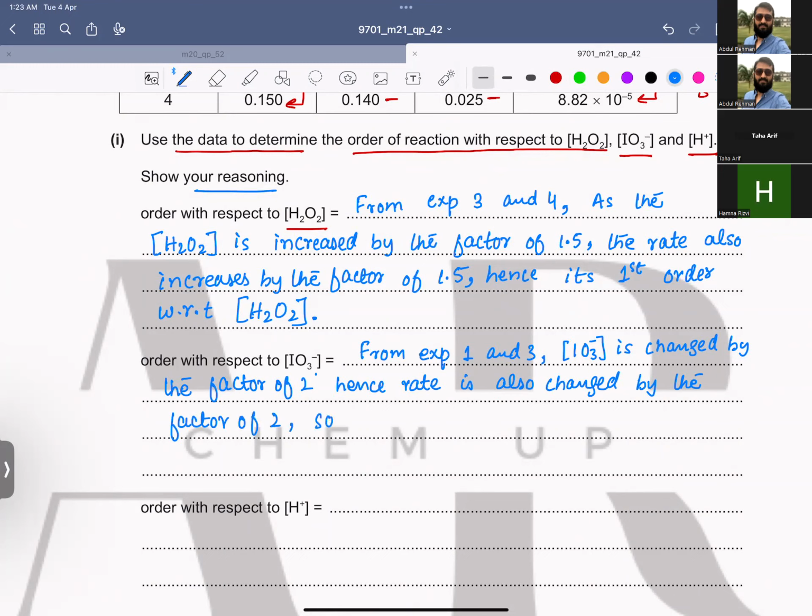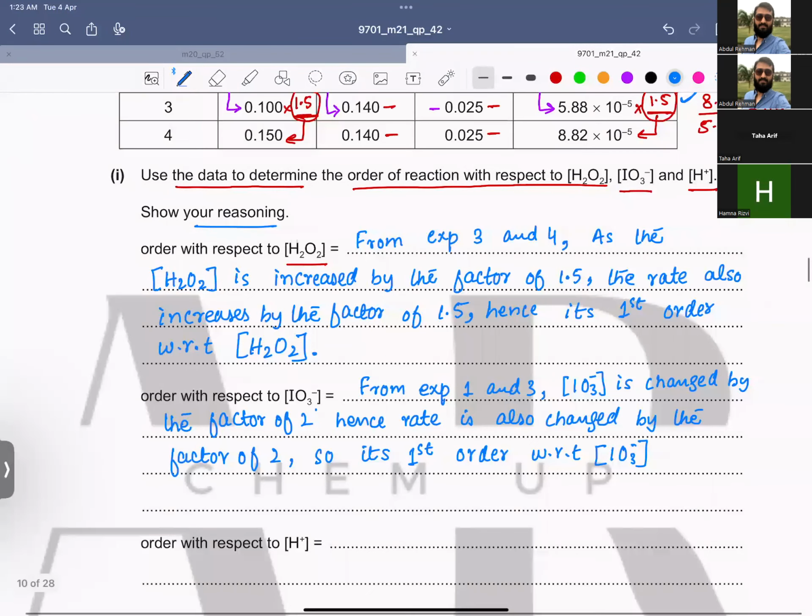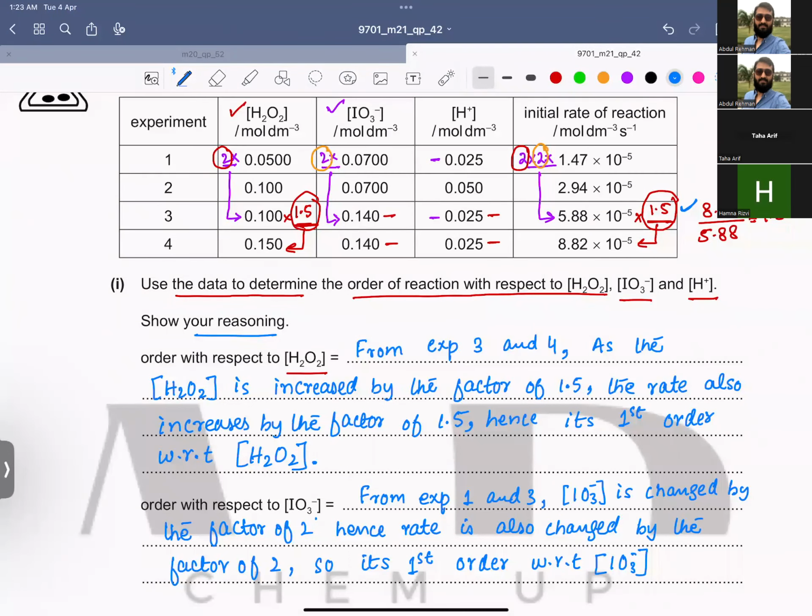So it's first order with respect to concentration of iodate. Yes, is this clear to everyone? Yes, sir.